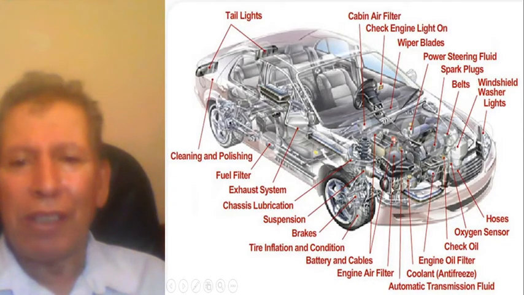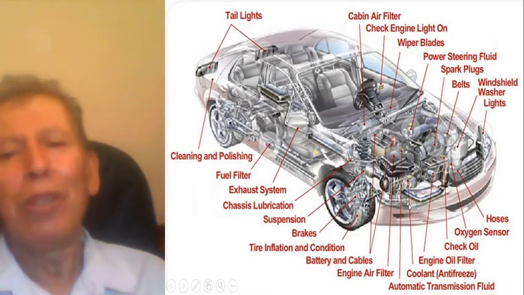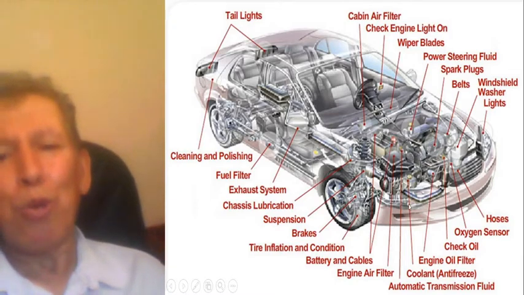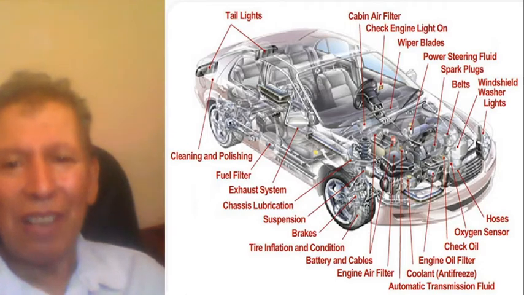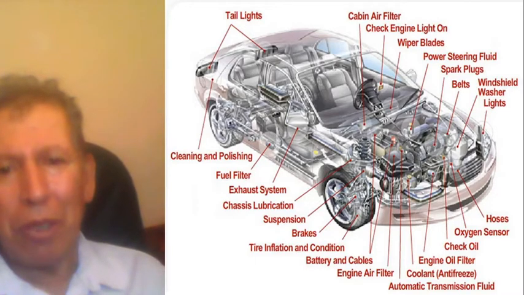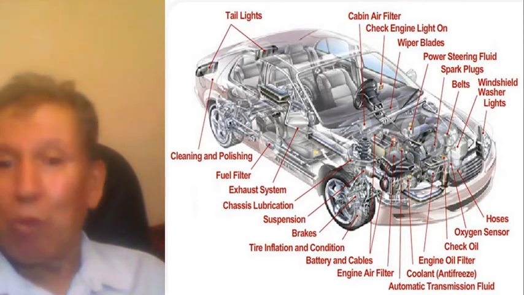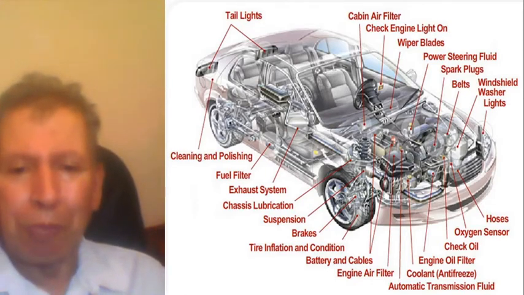Engine air filter, the air filter, because the car uses oxygen as well to be mixed with fuel and to produce a gas, and that gas is injected into the chambers, explosion chambers, to move the pistons.